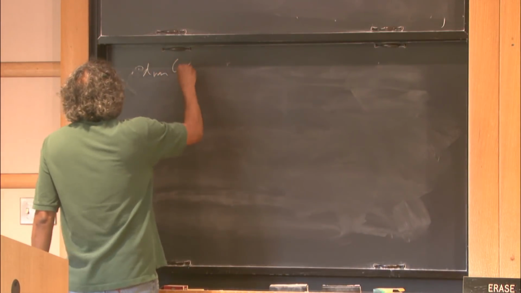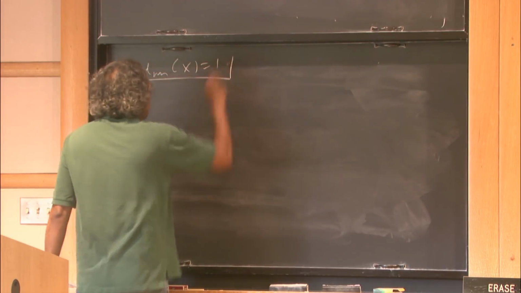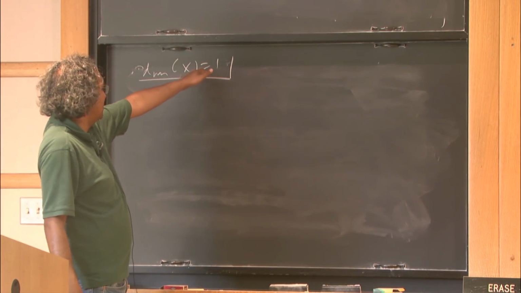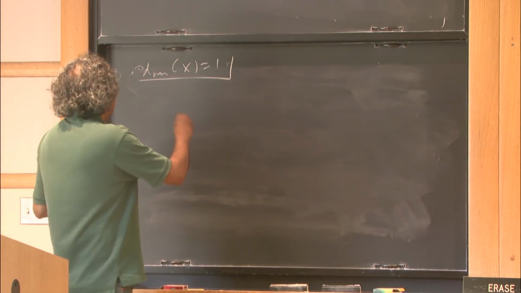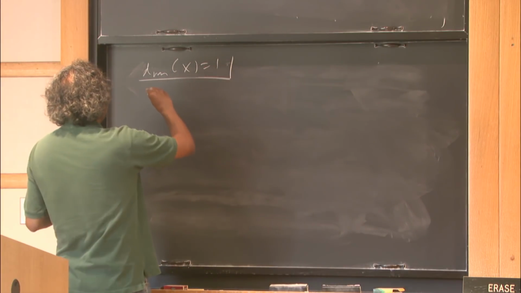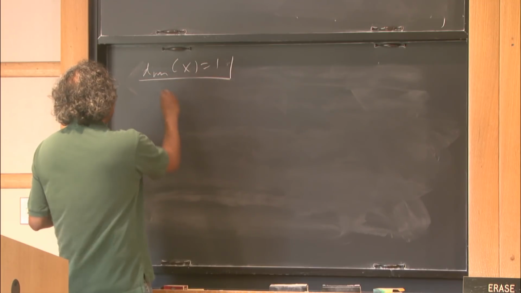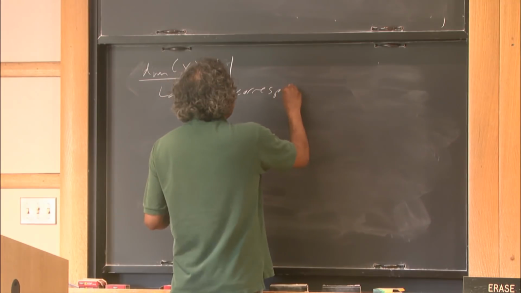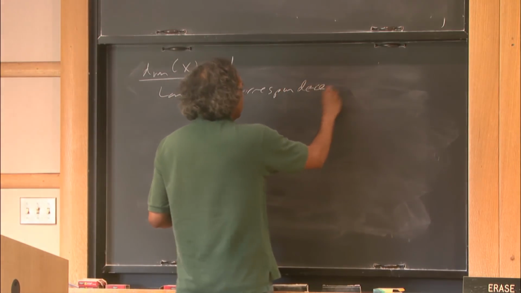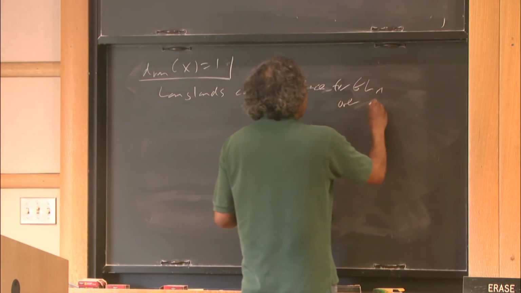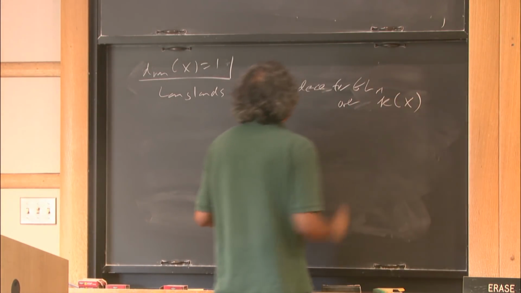OK, so let me, since my time is dwindling, let me just say a couple of words about dimension equals 1. And then you spend the rest of the time talking about how the dimension 1 case gets applied. And obviously, more details are to be found in the Wednesday talks. So in the case when dimension equals 1, you have the Langlands correspondence for function fields, for GL_n, I should say, over the function field of x.